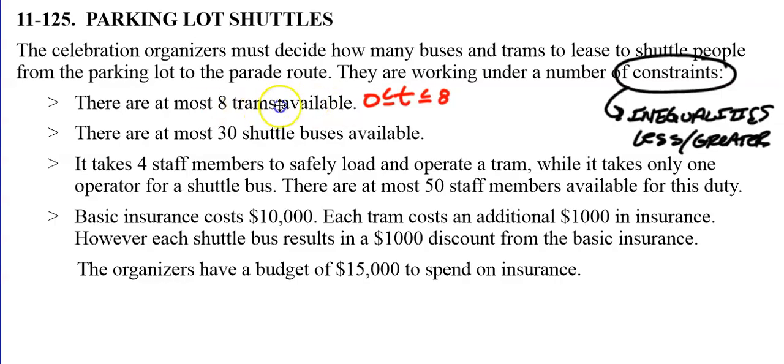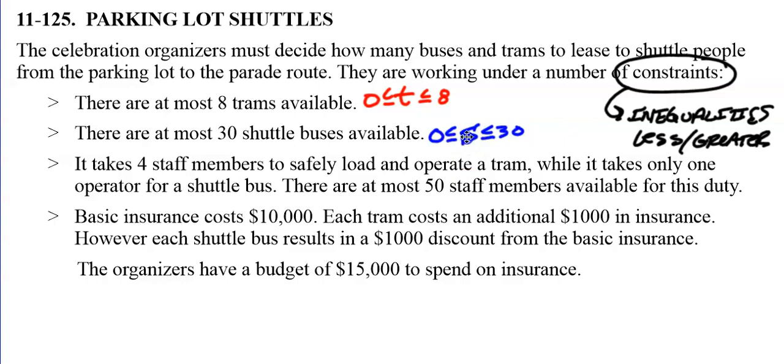So this is an equation for the trams. Then there are 30 shuttle buses available. So we know that the shuttle buses, which we'll call S, has to be under 30, but you can have at least 0. So that's what we have for this.